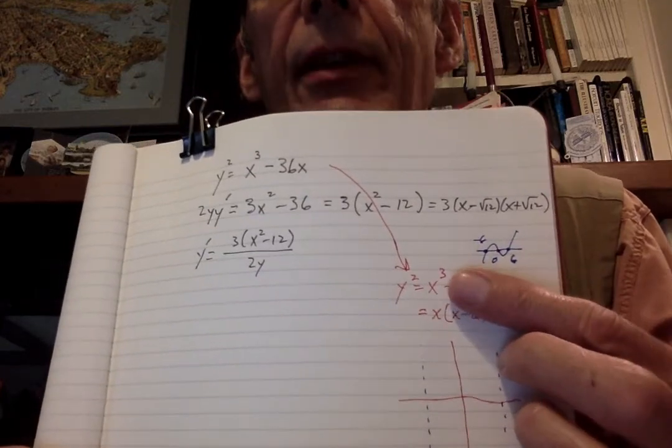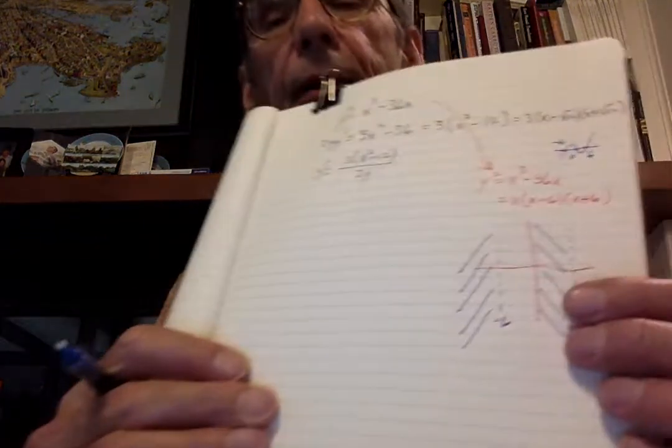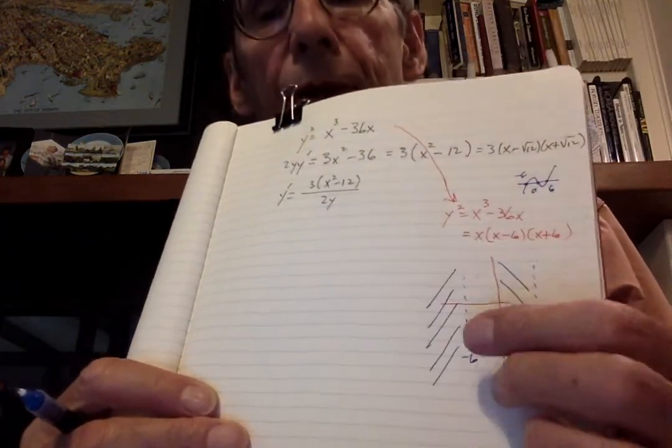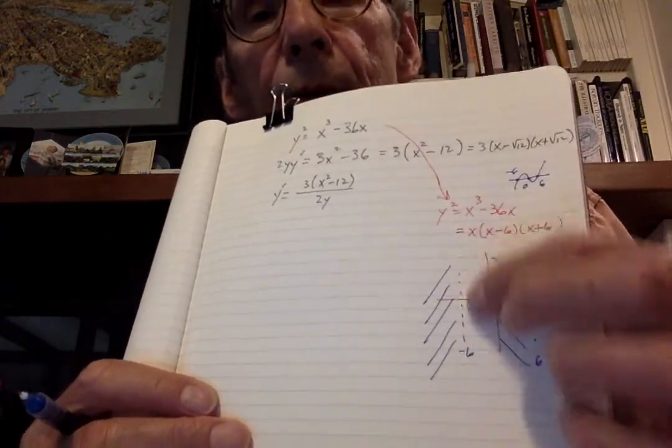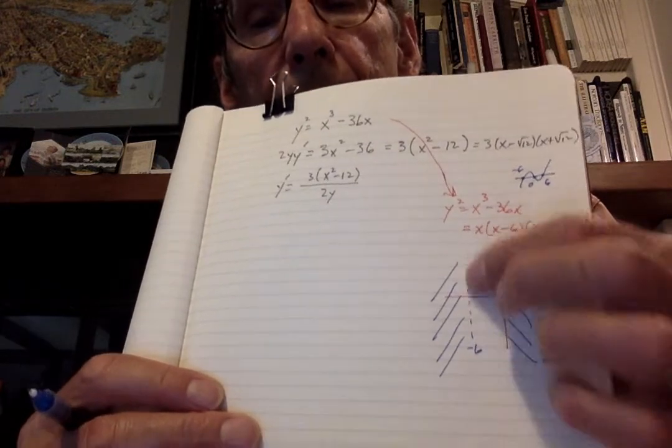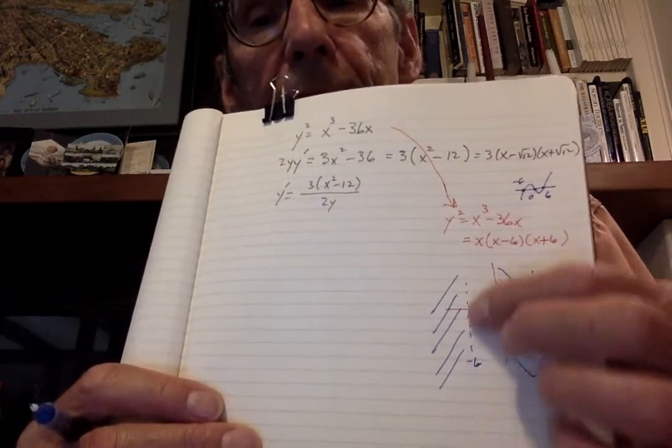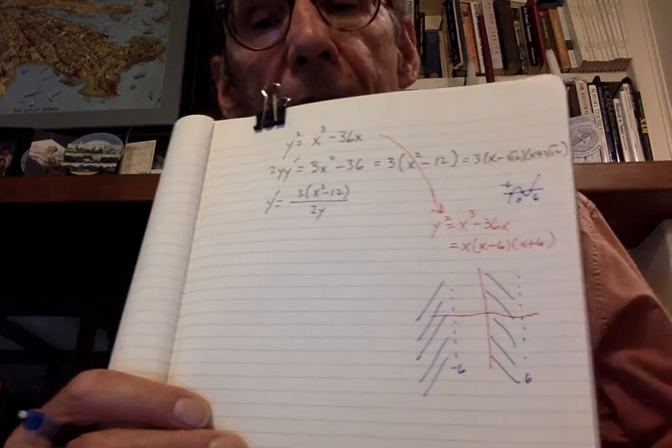So if x is less than minus 6, this is going to be empty. And if x is between 0 and 6, this region is going to be empty. So I'm kind of hashing those out. So the only solutions we're going to have to this equation are going to be in this strip here and then everything off to the right. Okay.